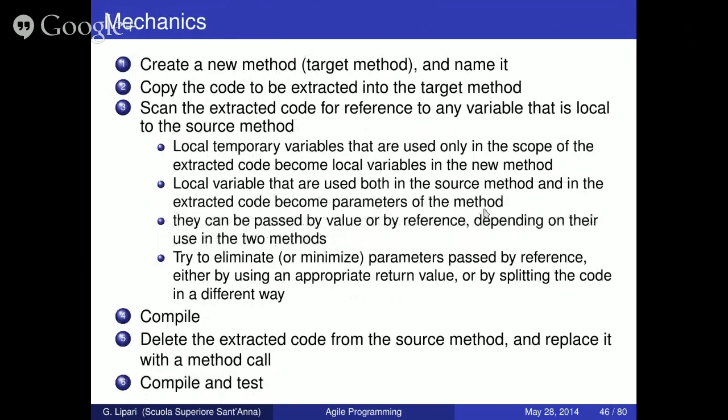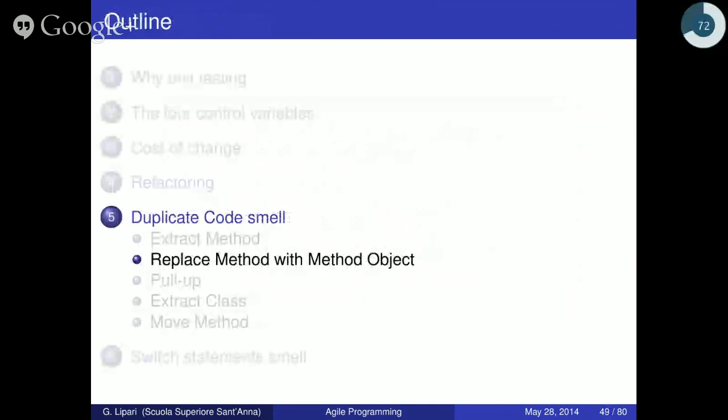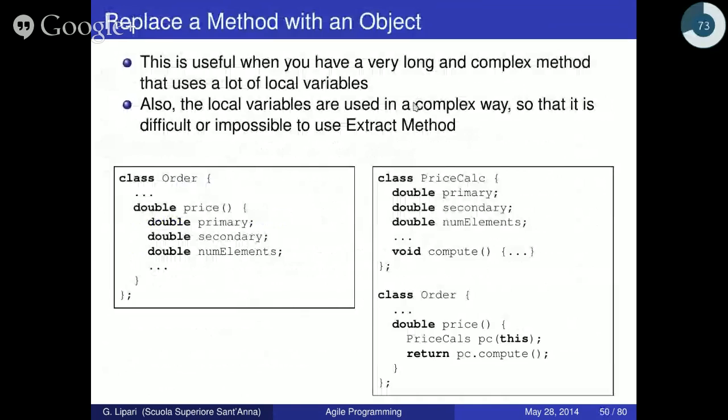Now, if there are a lot of these local variables, then the new method will have a lot of parameters. And so it's going to be very complicated. In that case, before extract method, we can do this replace method with an object.